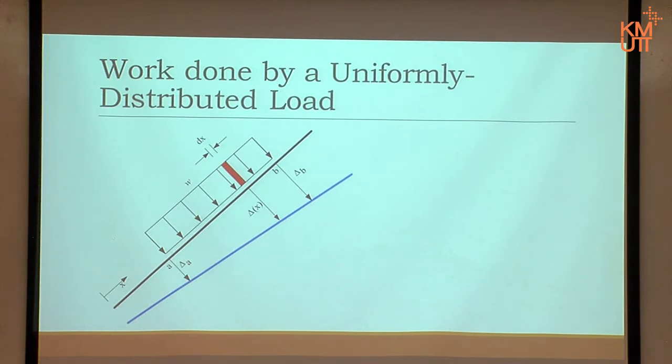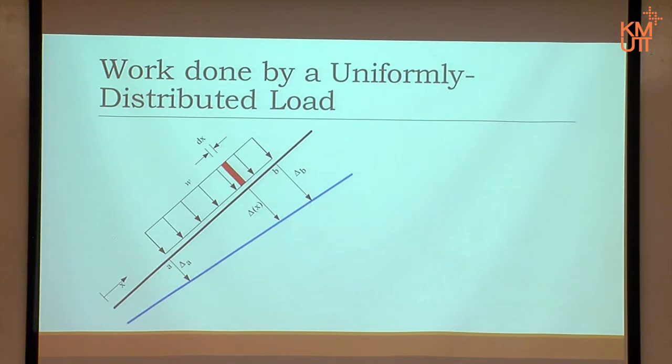Now, notice that at that point, I pick a small element, the red element, because it's changing. I need integration per se, right? So I design a small element there. The force and the delta are defined on the same line, so we don't have to take the angle. If it's not, then take the cosine component into the same line first.